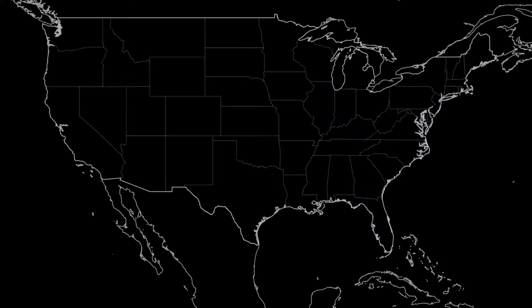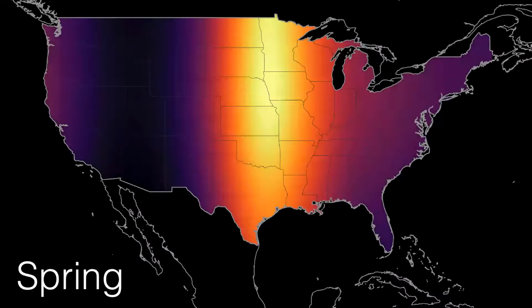So one question that we might have is, where is the greatest intensity of migration across the US on, let's say, an average spring season? So this image here is the compilation of more than 2 decades of radar data. And what you're seeing here is the cumulative passage of birds through the US. So you can see during spring, the central flyway really lights up.